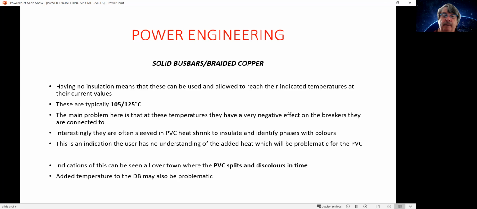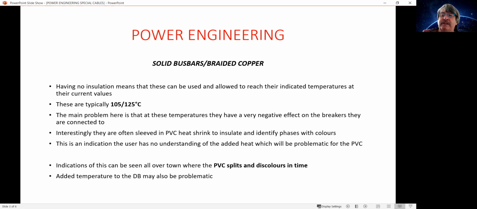And very often, you see what the guys do is they use these bare conductors and then they heat shrink sleeve them to identify them with colors, red, white, and blue, black for neutral maybe. And they put that and shrink that directly on top of the PVC.